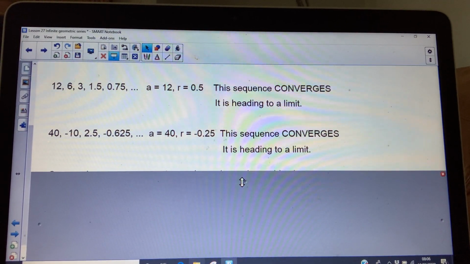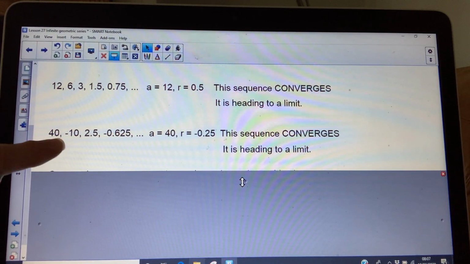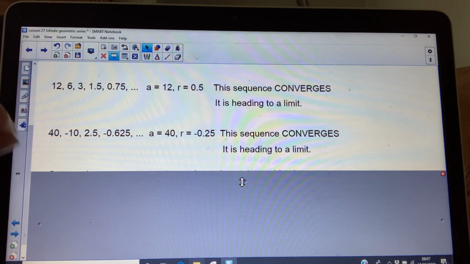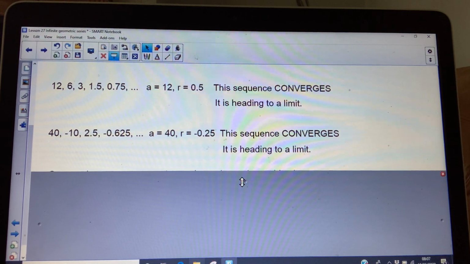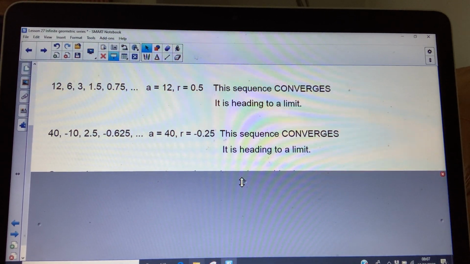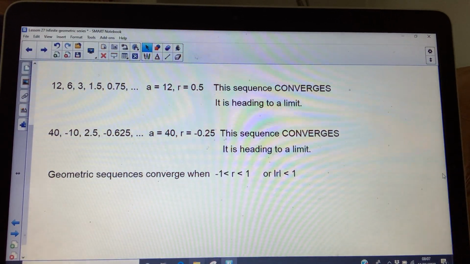This question here, first term 40, common ratio -1/4. So they're oscillating in signs, going positive, negative because of your negative common ratio. But again, they are heading to a limit, and again they're heading to this limit of 0. So this is a convergent sequence. You would be able to find the sum to an infinite number of terms.